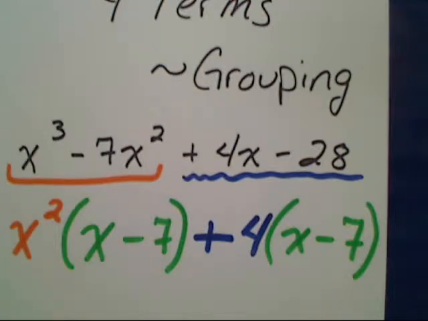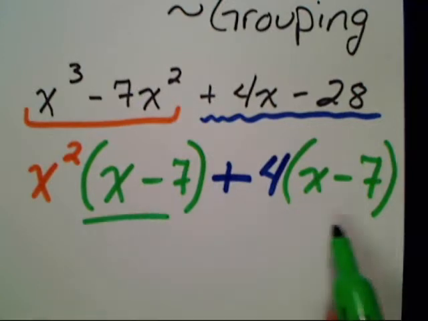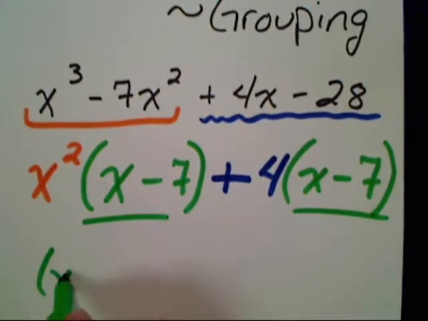But what you might notice is, look at those ugly parentheses. The x minus 7 in both of them is the same. So I can do exactly what we did at the end of the greatest common factor section. I can take out that common factor of x minus 7. So my next step is to pull out this common factor of x minus 7.